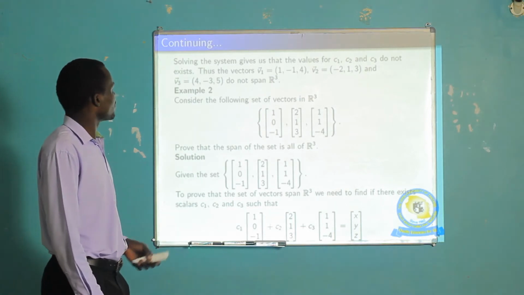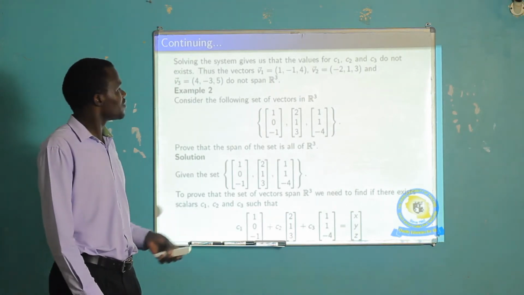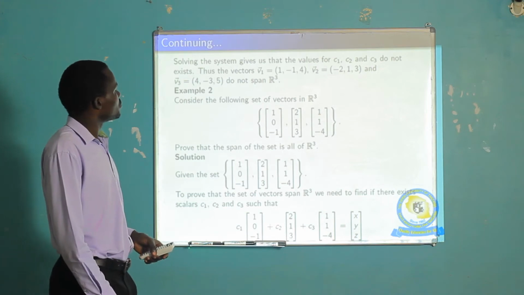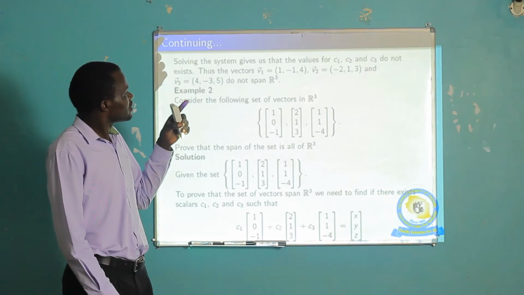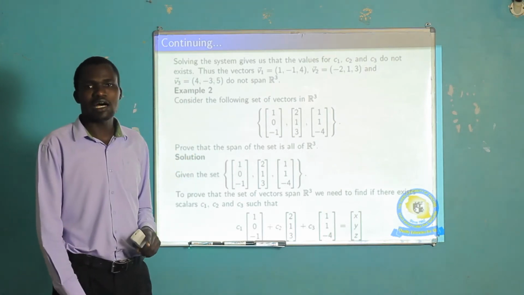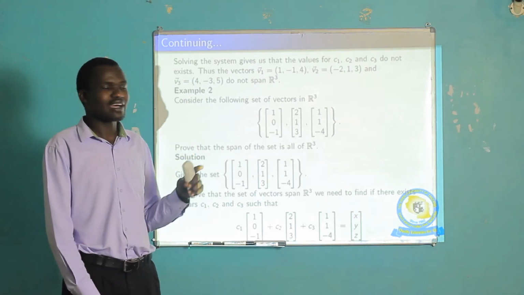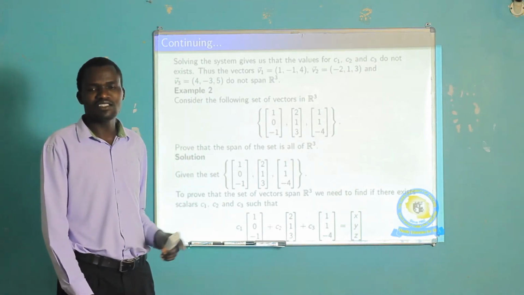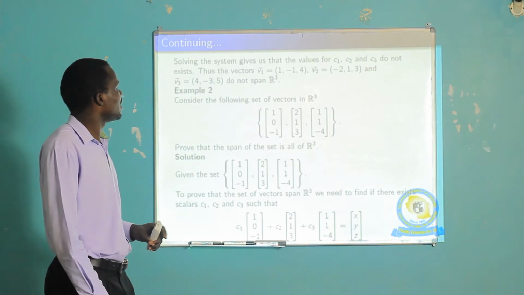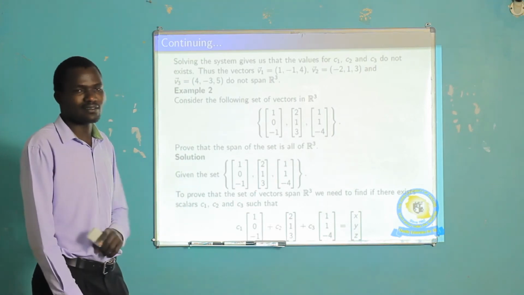After solving, you will find that the system has no solution. If it has no solution, therefore, the scalars C1, C2, and C3 do not exist.